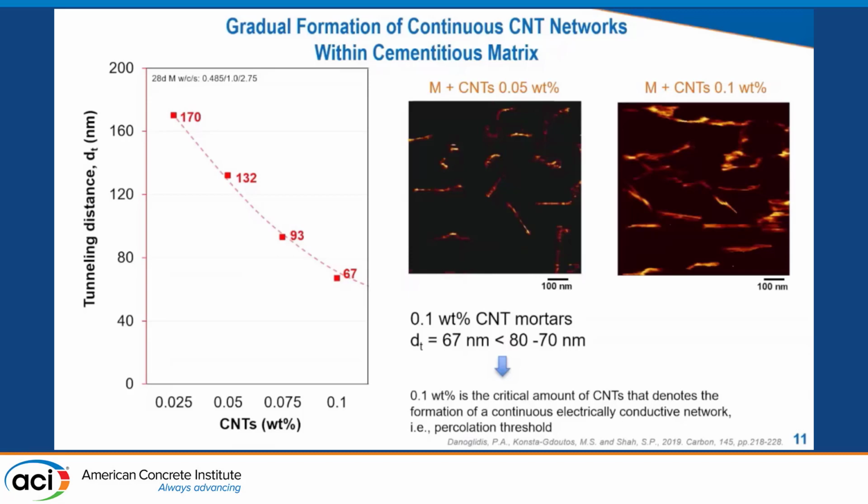Indeed, the tunneling distance for the 0.1 CNT mortars is lower than the threshold defined in the literature, 80 to 70 nanometer. So, from these nanoscale experiments, we can conclude that this amount, 0.1% per weight of cement, is critical for the formation of a continuous electrical network that facilitates the electron transport.